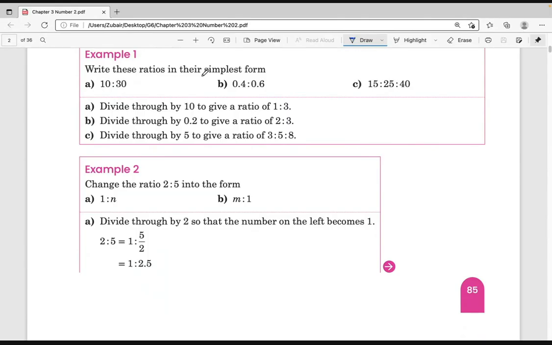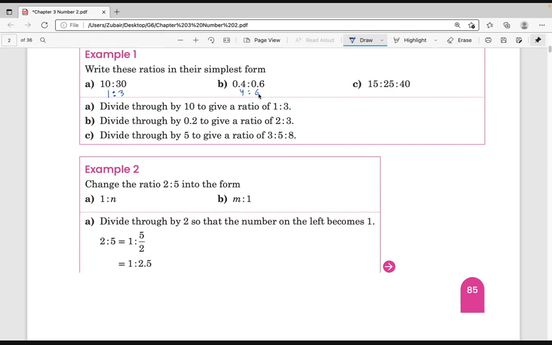Let's see, write these ratios in the simplest form. And in ratios, we can only multiply and divide with the same number. So 10:30, both could be divided by 10. This is 1:3. Now it cannot be further simplified, keeping them in integers. 0.4 and 0.6. So I'm going to multiply both of them with 10 first, making it 4 and 6.